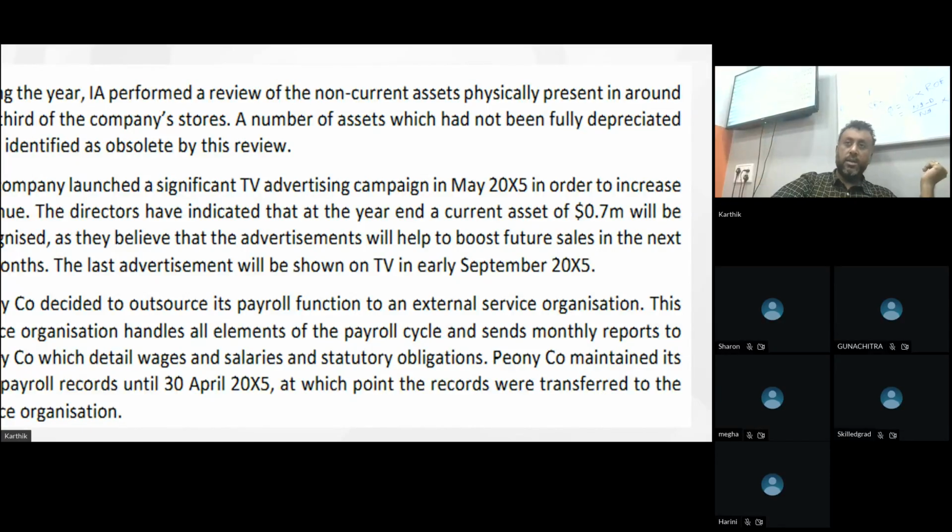Other than that, one more pointer. Very good. One more pointer. Tell me the answer that way also, I'll be more happy. Just because something is outsourced to somebody else, as an organization, I will also have some control processes, right?